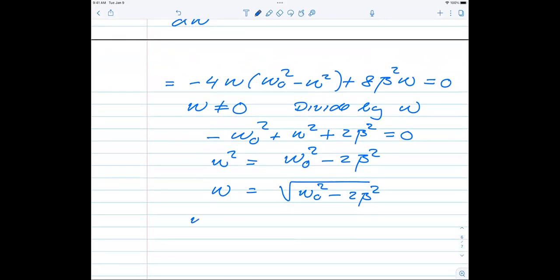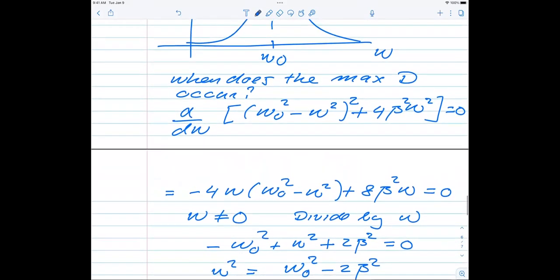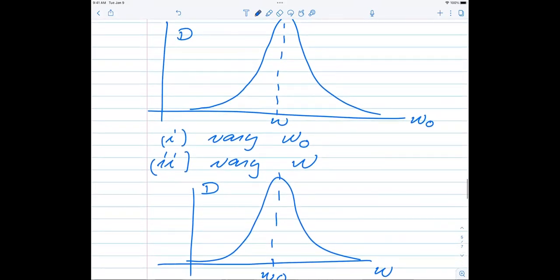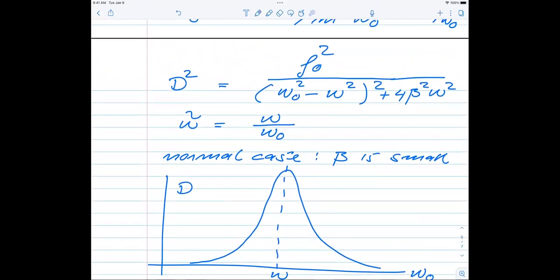So when this damping factor is very small, when beta is much, much smaller than omega 0, then the difference between omega and omega 0 is small. Which means that if we look back at the denominator here, the term which you see here will be close to 0, and the only term which survives is this one.